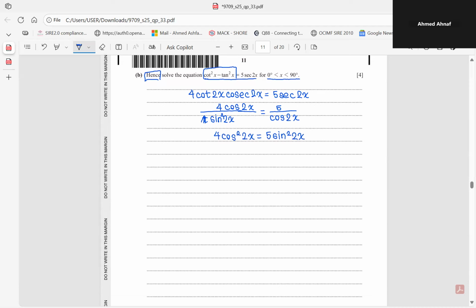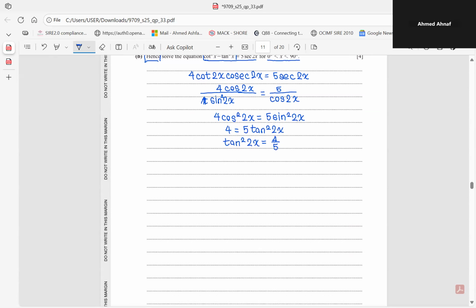So we can divide both sides by cosine squared 2x. So this would give us 4 equals 5 sine squared 2x over cosine squared 2x, which is 5 tangent squared 2x. And then we can write tangent squared 2x equals 4 over 5.